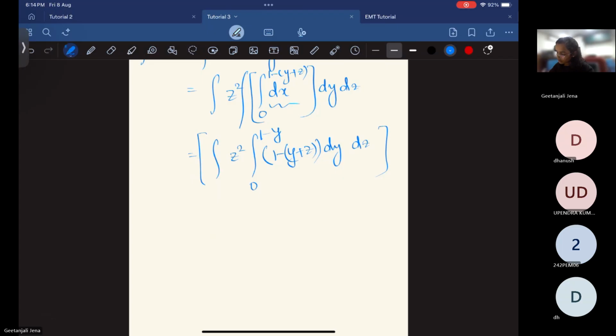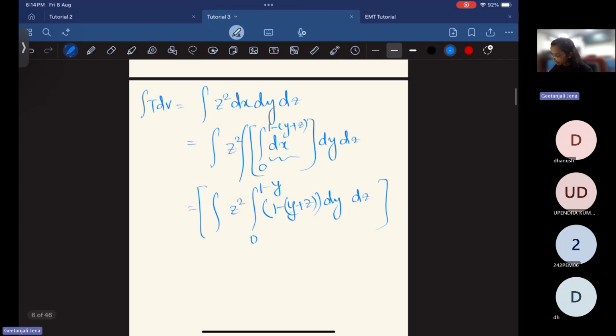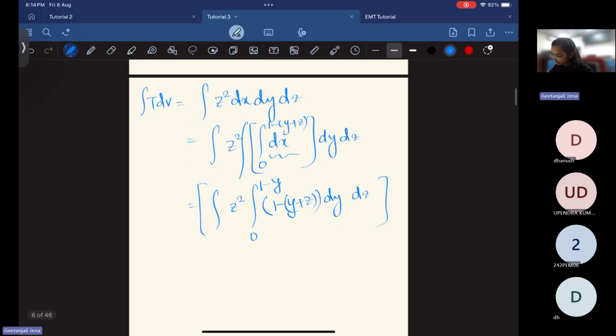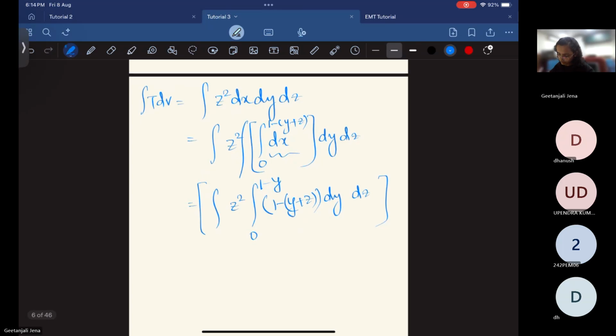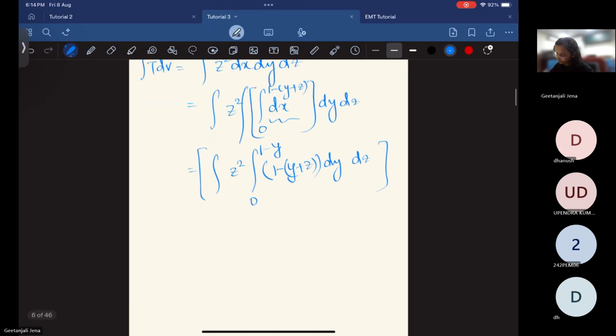So this will give z squared, and this limit will give one as y.